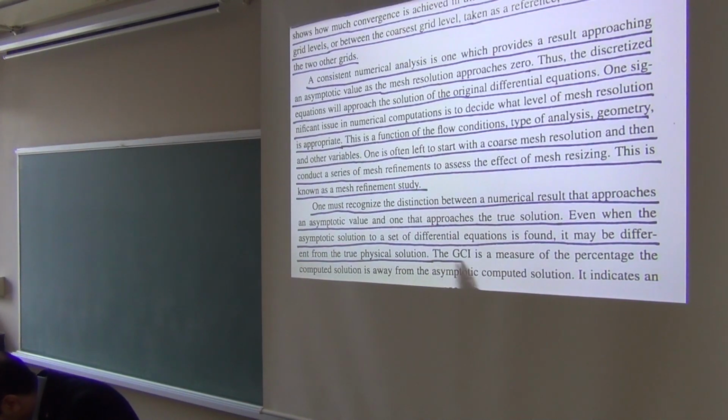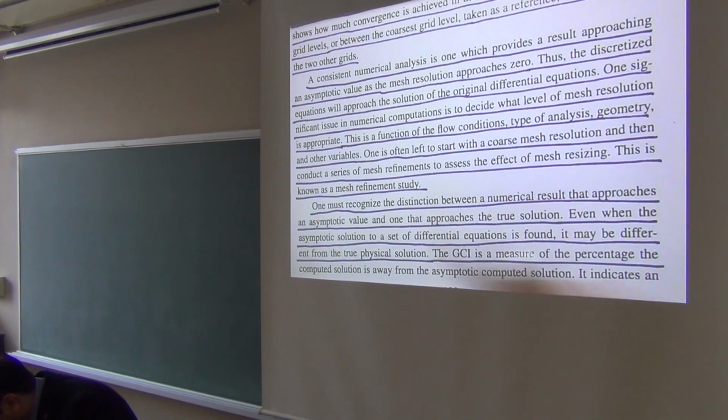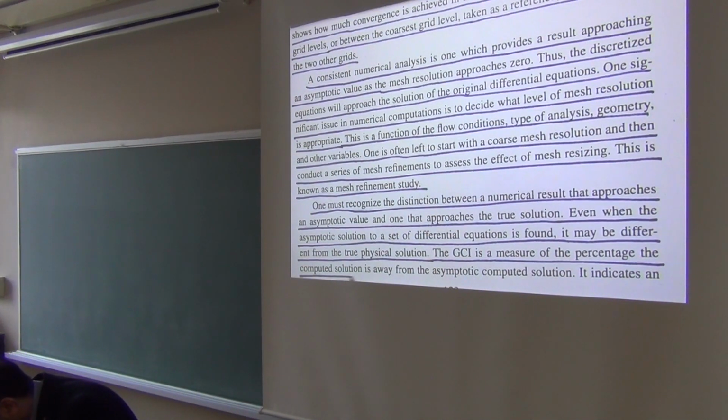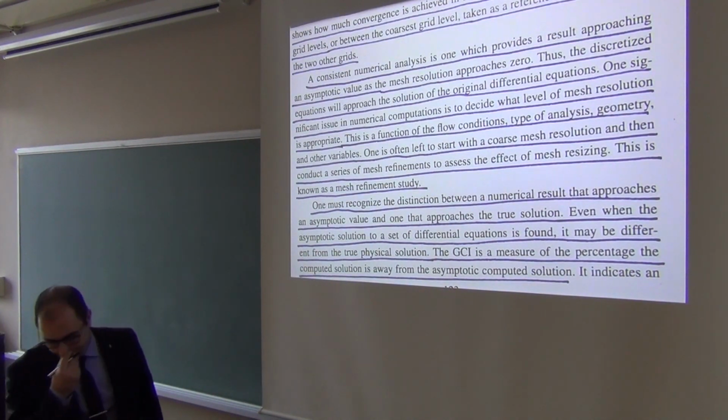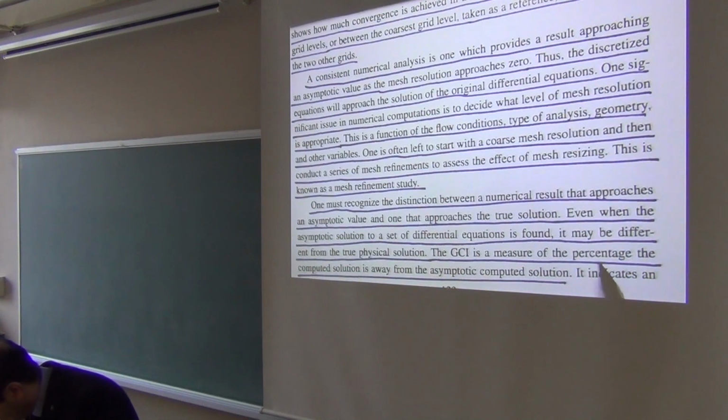The grid convergence index is a measure of the percentage the computed solution is away from the asymptotic solution. I already said that.